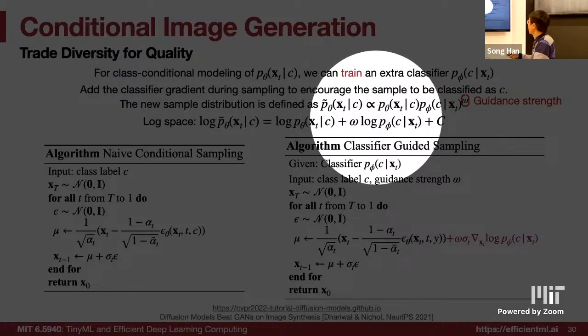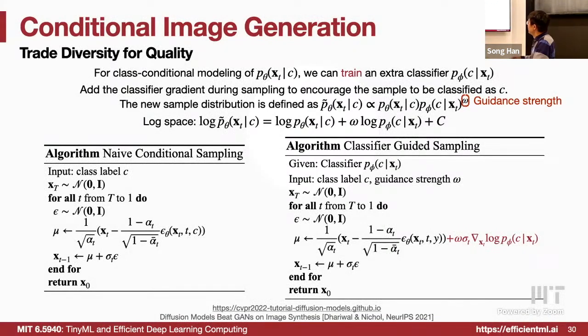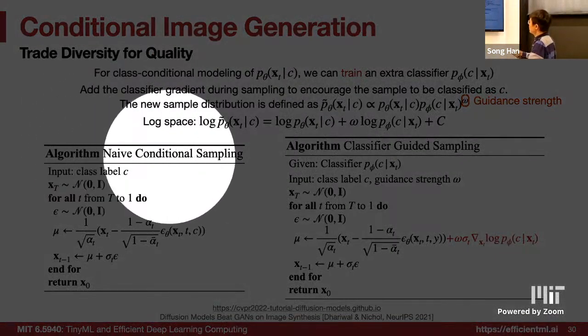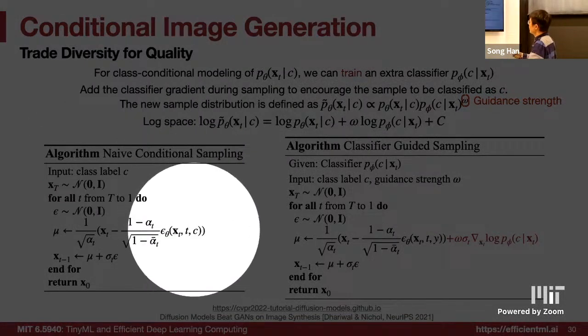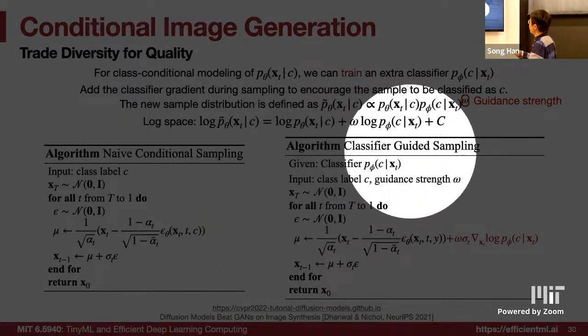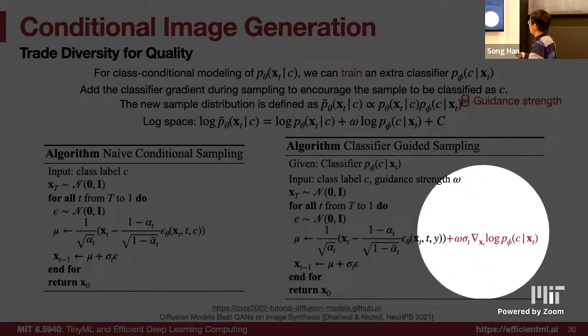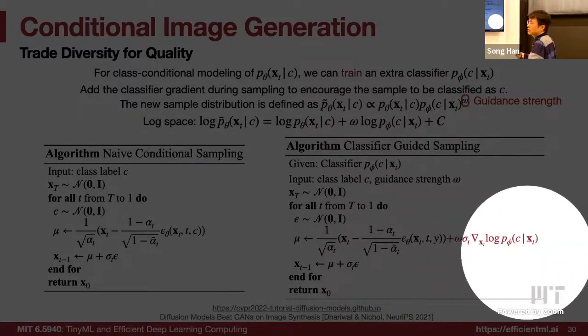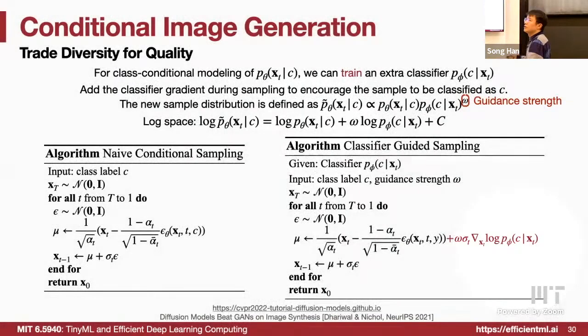That's why we add omega to the power place. So this is basically the naive conditional sampling, where we have the condition here, versus classifier-guided sampling, which is adding another term. Given this image, we want to classify the class and make sure that it belongs to C.